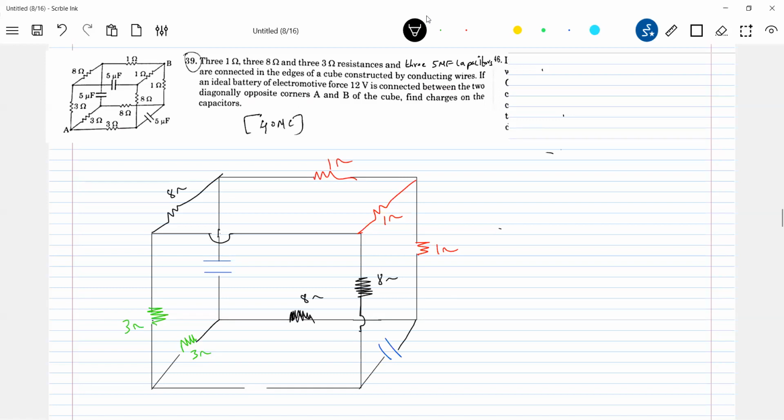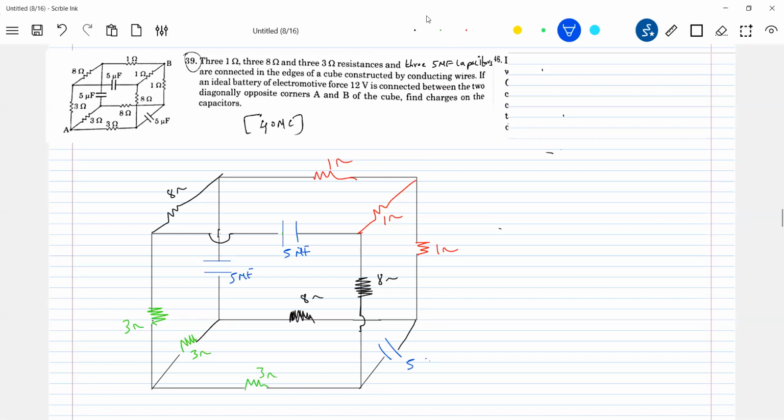Here 3 ohm. One more capacitor here. I'll write 5 farad. Later on we can, if you want, or okay, we'll go for it. 5 micro.